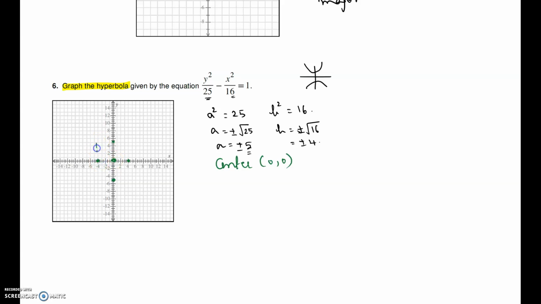You complete the rectangle. Join the diagonals. Those are called the asymptotes of the hyperbola.